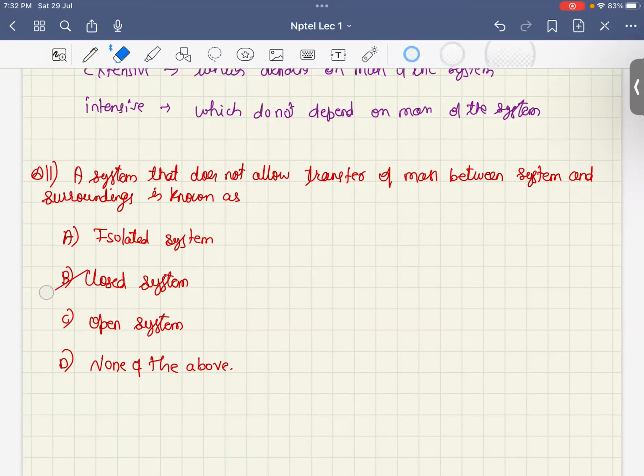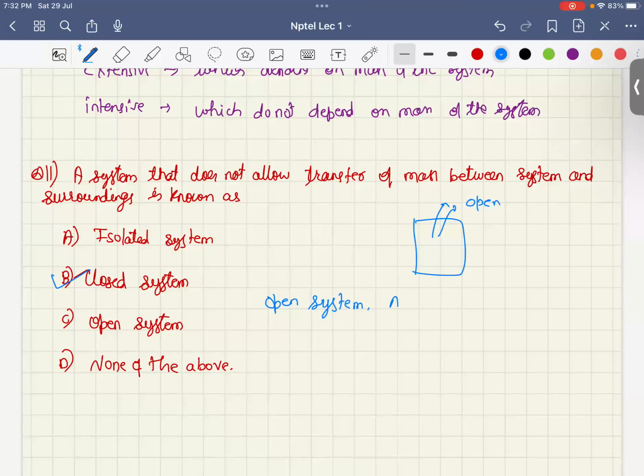Because a system that allows both mass and heat to transfer is open. So for an open system, delta M is non-zero. Similarly, delta Q is also non-zero.